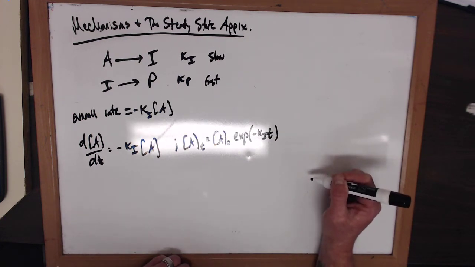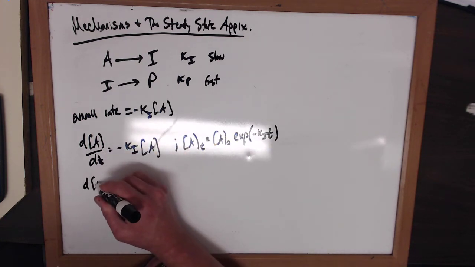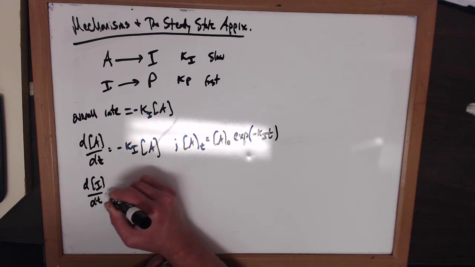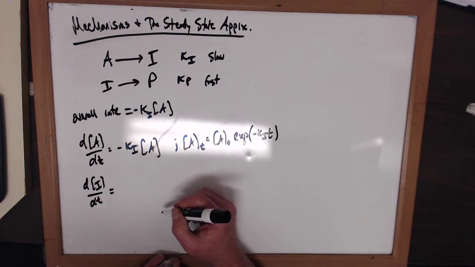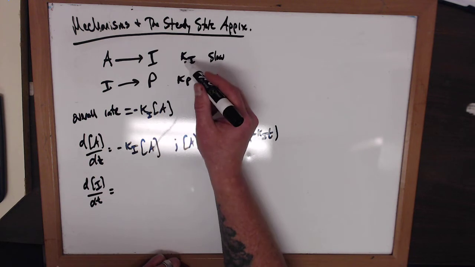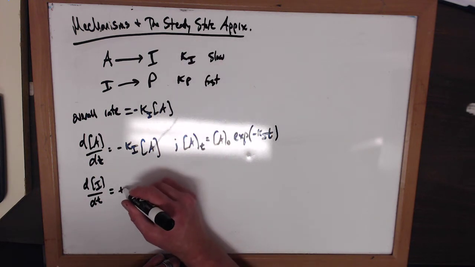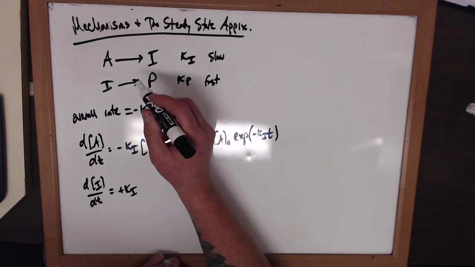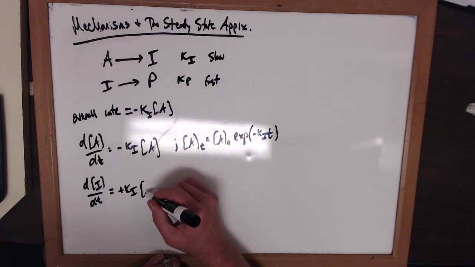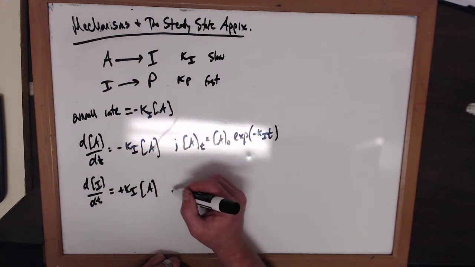Okay. We now put together the rate expression for the intermediate, dI by dt, and we recognize this will now be positive Ki times the concentration of A. Remember, it's always rate constant times reactants.